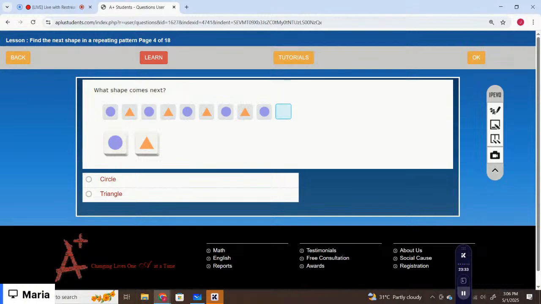What shape comes next? The next shape in the sequence is triangle. Option number two is the correct option. That is a triangle.